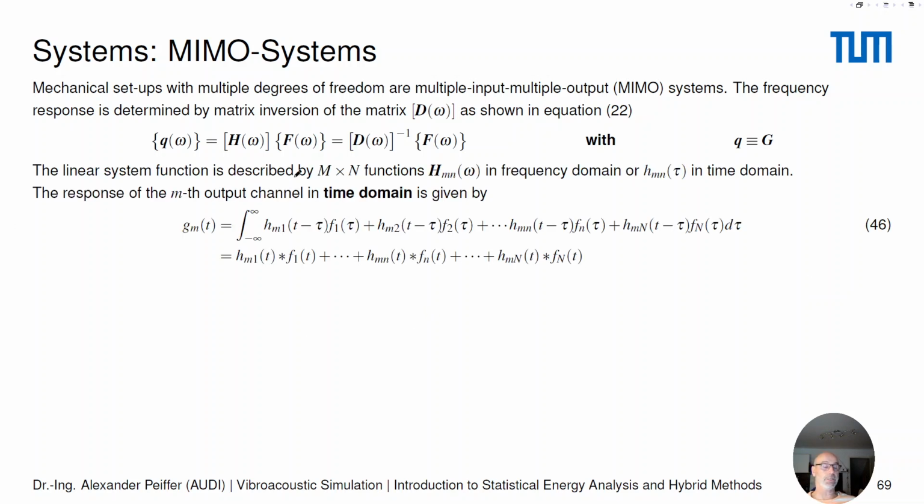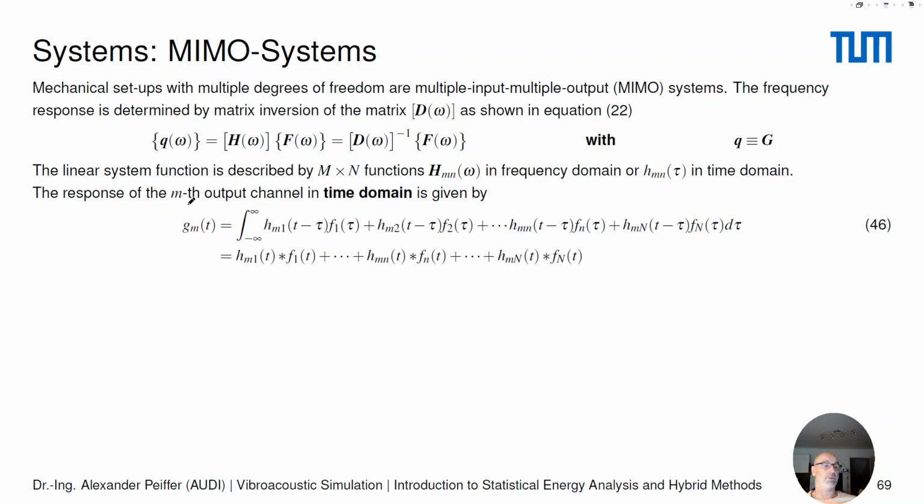Again, we can do the same for the time domain. But first of all, this matrix is an m by n matrix, because we have n inputs and m output functions, and that is the dimension of this matrix. It doesn't have to be a square matrix, it could definitely be rectangular. Then we can do the same in time domain, and we have lots of specific impulse response functions with the index mn.